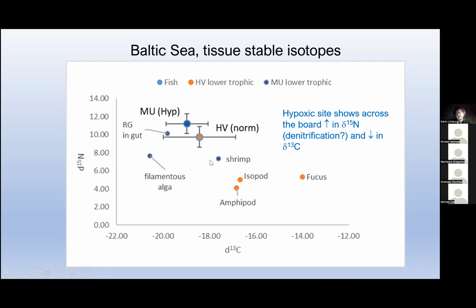It was interesting to me to see that across the entire food web, the hypoxic site is elevated in nitrogen, which is very likely because of denitrification processes going on, and also has declined significantly in the carbon isotope, which is not about moving anywhere, but rather most likely about changes in carbon due to deoxygenation or possibly acidification too.